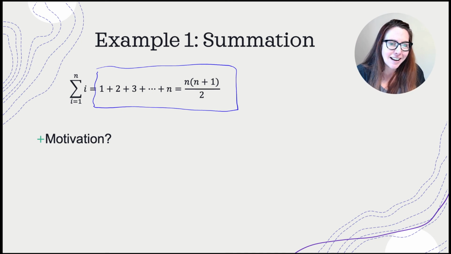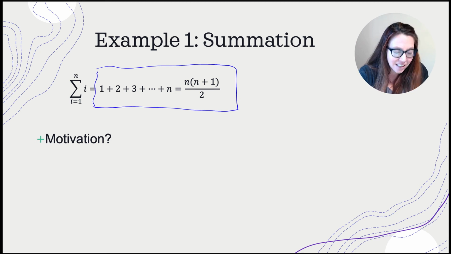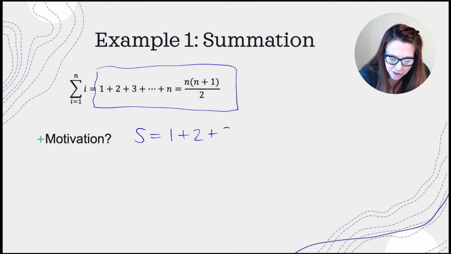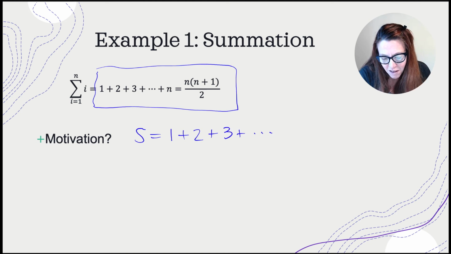But as a motivation to show that this is true, I'm going to go to an example that is a common one, and that is the sum of the numbers 1 to 100. Let's let S be the sum of 1 plus 2 plus 3 all the way up to 100.